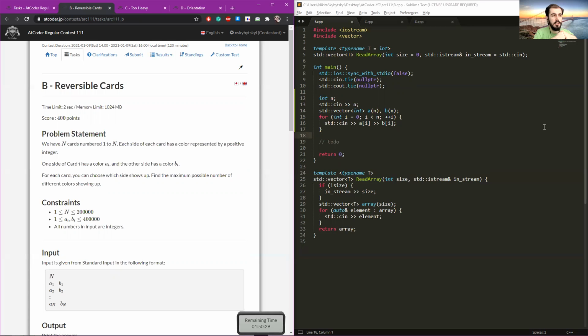I mean, it's a bipartite graph, right? We can treat colors as vertex IDs. And we can also always add an edge between. Oh, wait. Is it maximum matching?